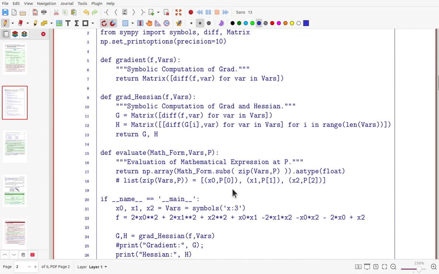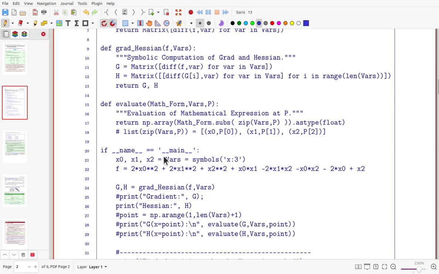So that is the evaluation function. The mathematical formula is given, and for the variable, this is a numeric value. Then by using substitution, we can get the evaluation, and a numpy array with data type float is made and returned.